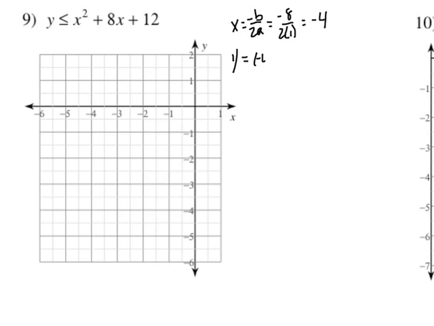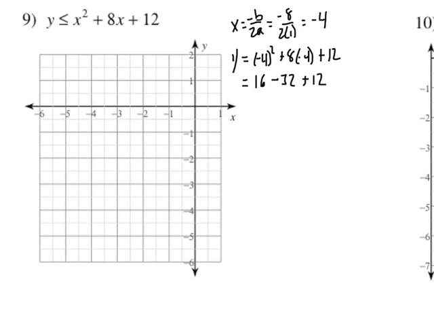So we have negative 4 squared plus 8 times negative 4 plus 12. And negative 4 squared is 16. What is 8 times negative 4? Negative 32 plus 12. So 16 minus 32 is negative 16.